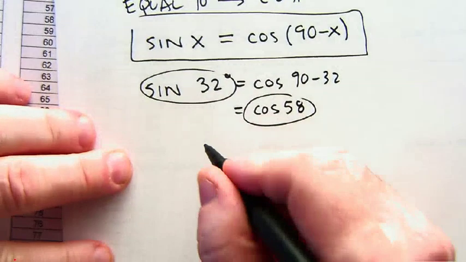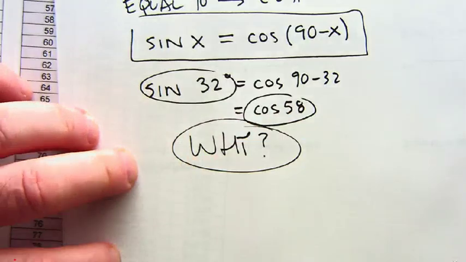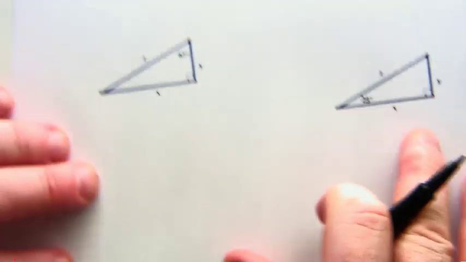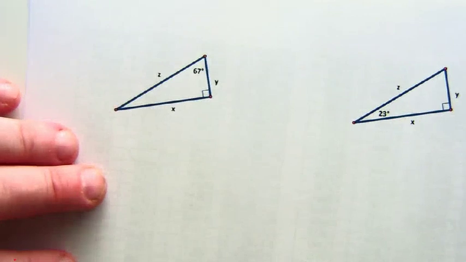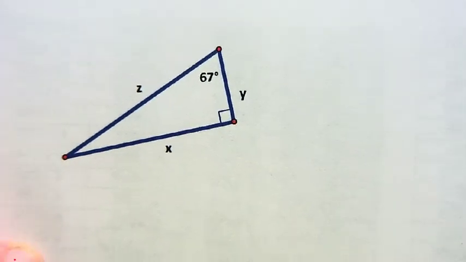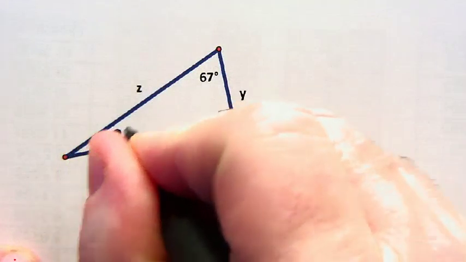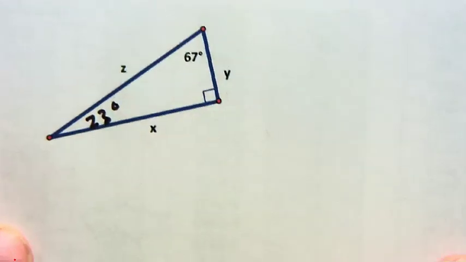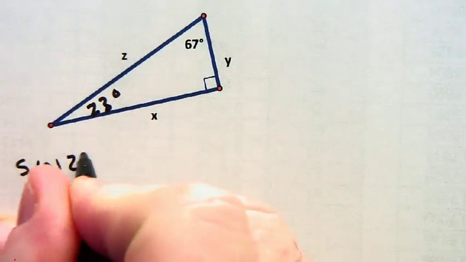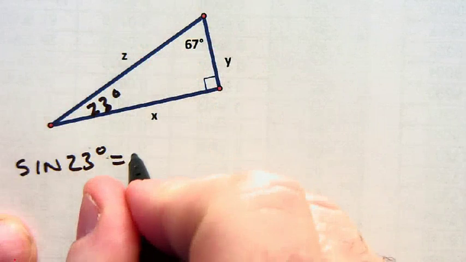Now the question is, why does that happen? Now there's the real question. Let's tell you why. Well, because those two angles always equal 90 together, let me put in my values here. Take a look here. The sine of 23 degrees in this triangle would be y over z.